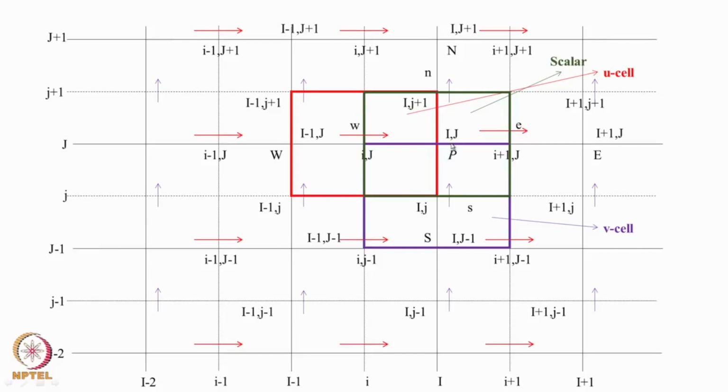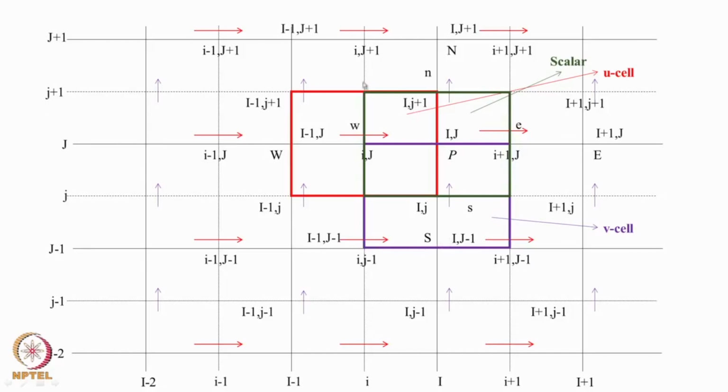So, to locate a node that is given as P here as a pressure node, we have capital I comma capital J. The face on one side is small i and capital J, because you are on the same horizontal line, and you move to the other side, the right side, you have small i plus 1 and capital J. Now, if you go vertically, I comma capital J is here, and you go vertically up, capital I is retained because you are on the same vertical line, and small j plus 1 and small j minus 1.